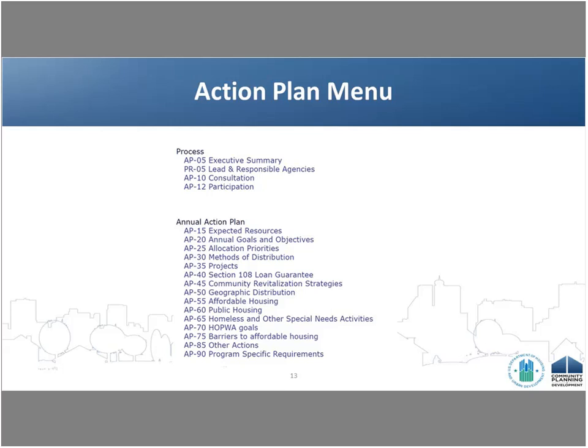And again, want to just highlight CPD Notice 18.1 for guidance on how to prepare yourself for potentially a delay in submitting your action plan until those allocations are made. But as an absolute deadline, all action plans must be submitted by August 15th or August 16th.